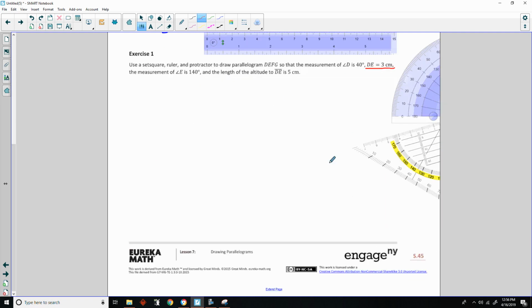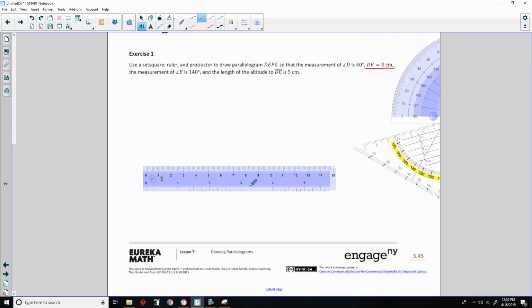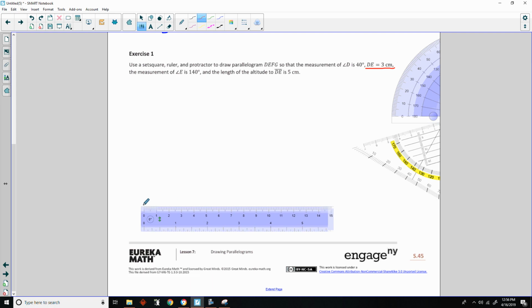And I know that DE is 3 centimeters, so that's what my starting point is. So I'm going to bring my ruler down here, start at 0, go to 3, and let me just be accurate with this. It's easier to erase than it is to draw to an exact value. Okay, that's about right there, 3 centimeters.